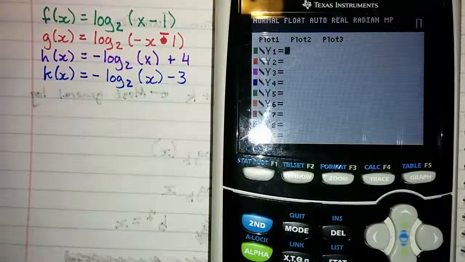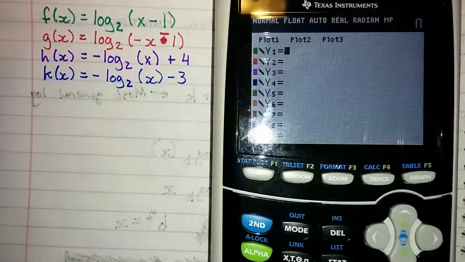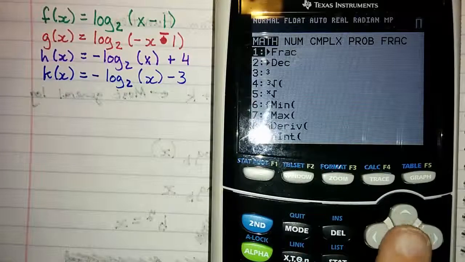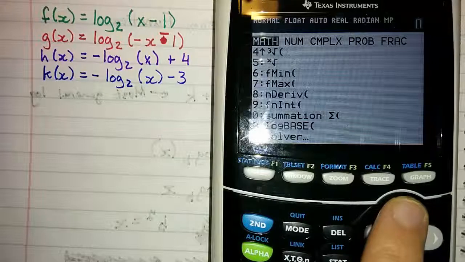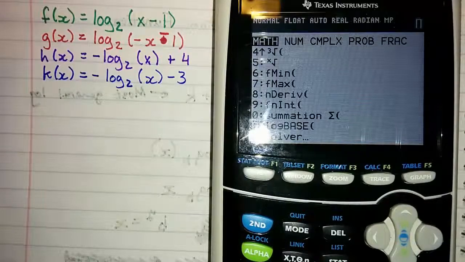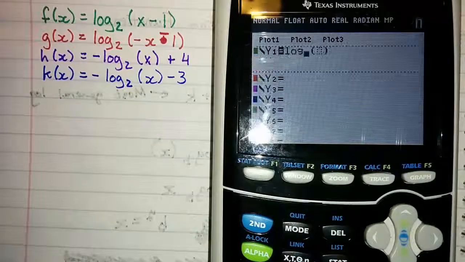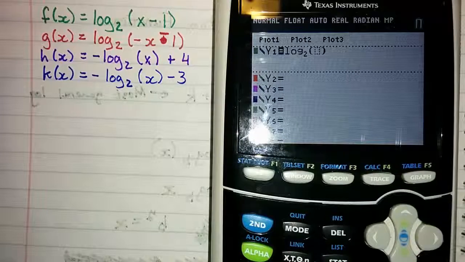So the green function, how do I get log 2? On my calculator, I go here and select log base. We'll talk about what you might need to do on your calculator later. So log base 2, x minus 1.